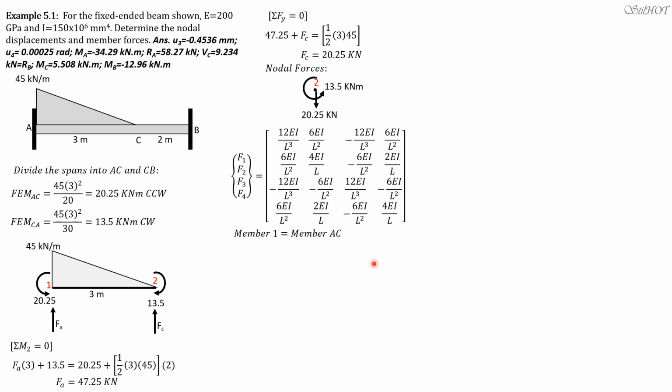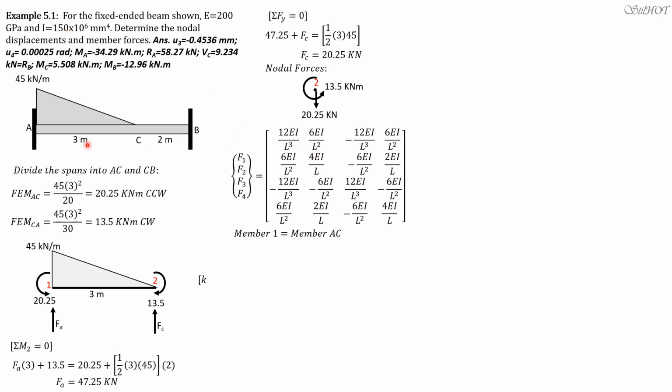Then we have member 1, which is member AC, of the forces and its stiffness or these force coefficients. Because EI is constant, we just treat EI as 1.